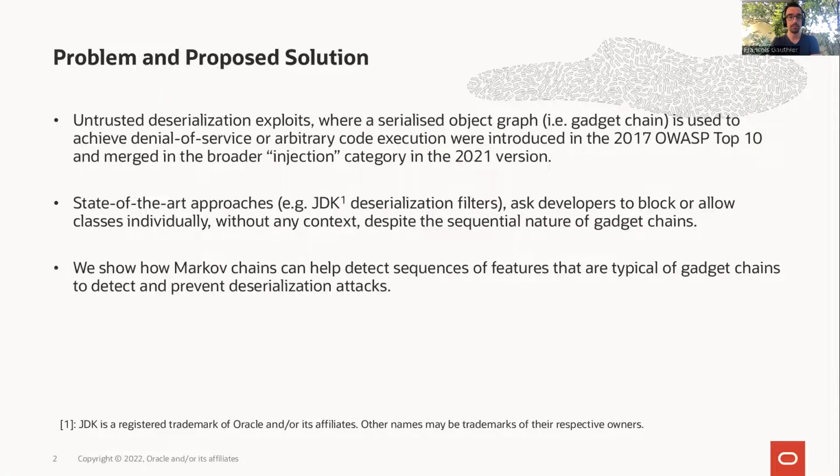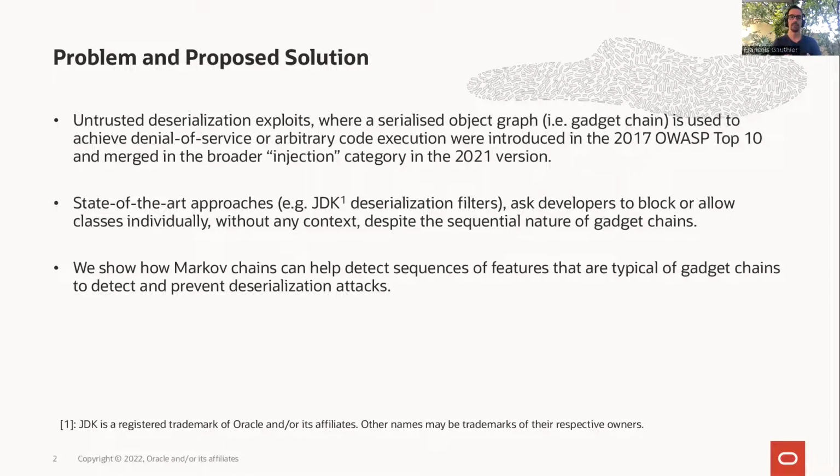Let's start by defining the problem. Untrusted deserialization exploits happen when an attacker can control the serialized object graph that is used to reconstruct an object graph in memory. By controlling it, the attacker can also control, to some extent, the code that is executed as the object graph is reconstructed in memory.